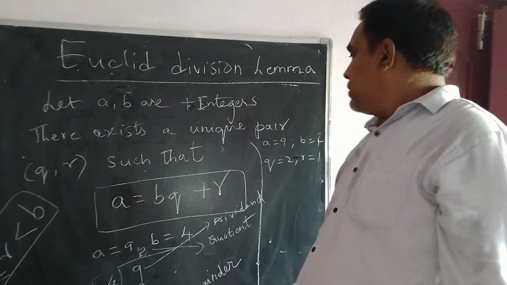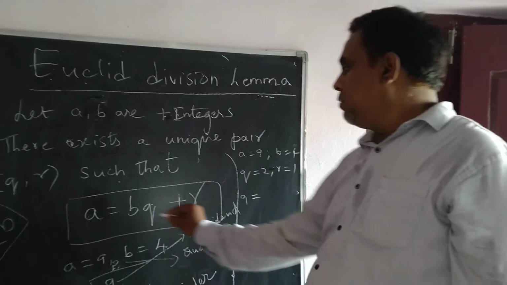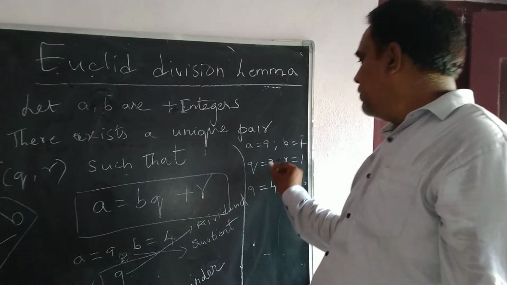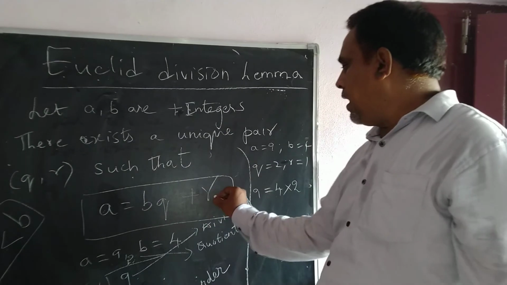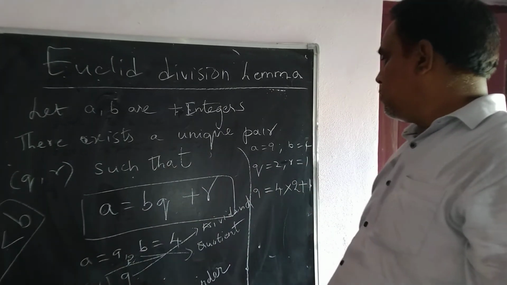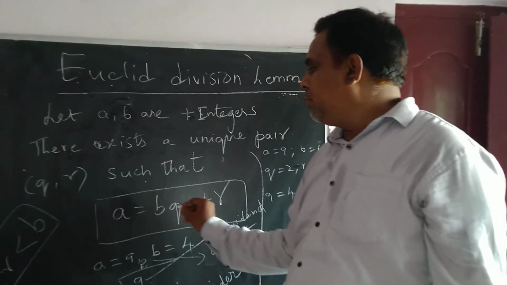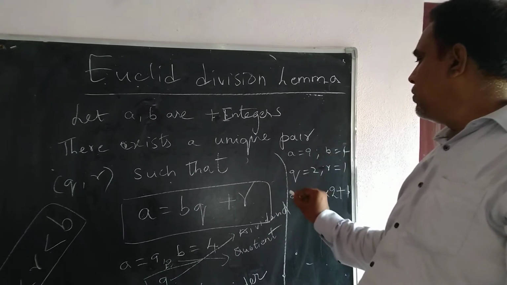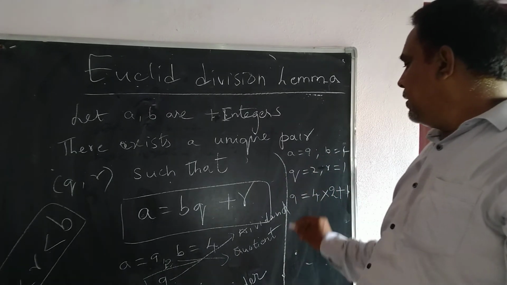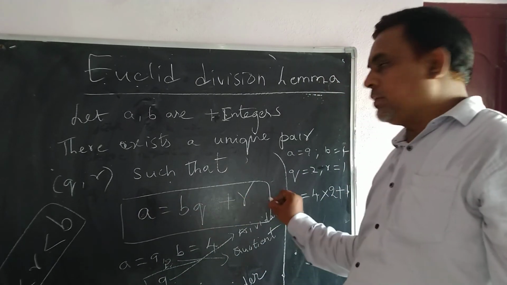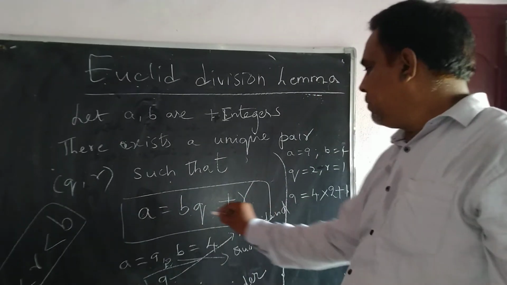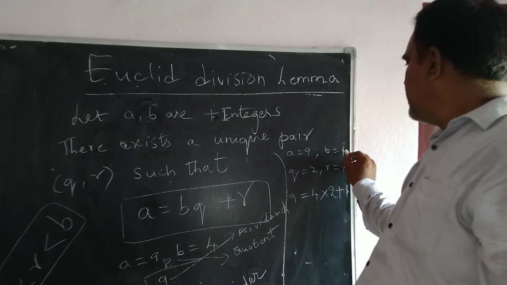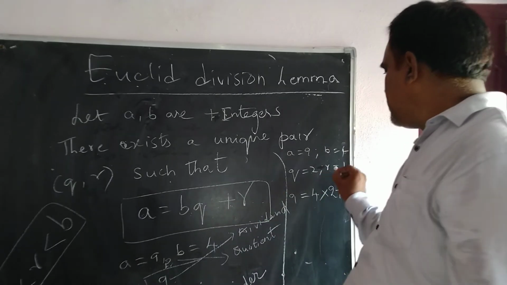Substituting: A is 9, equal to B, which is 4, into Q, which is 2, plus R, which is plus 1.